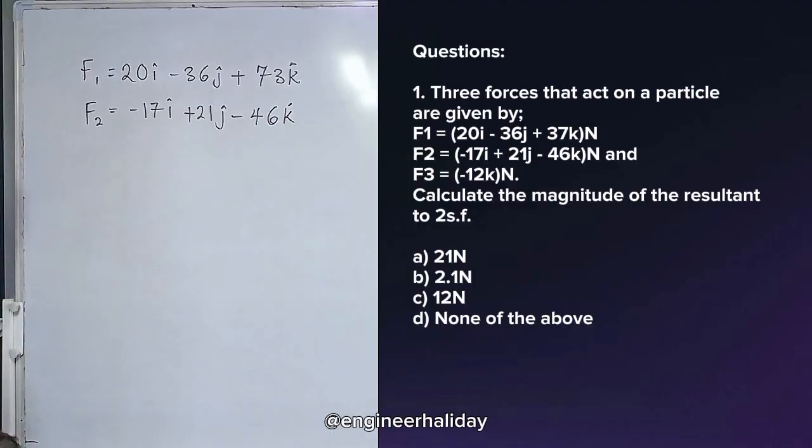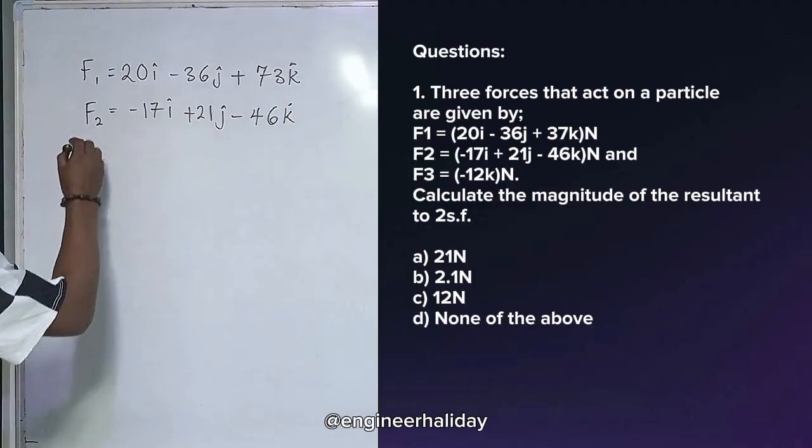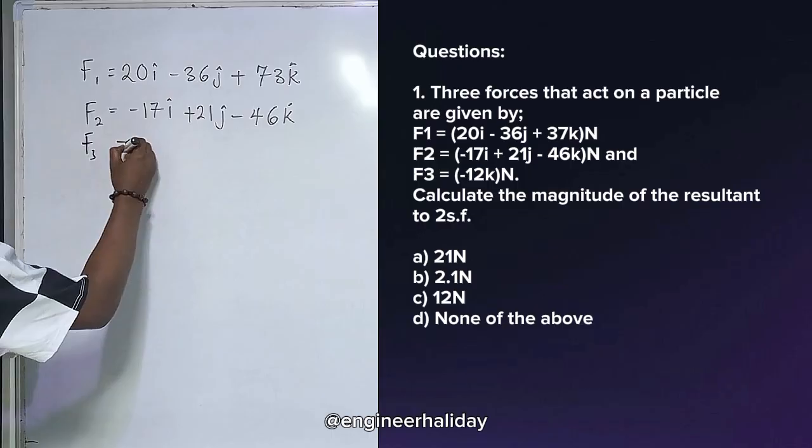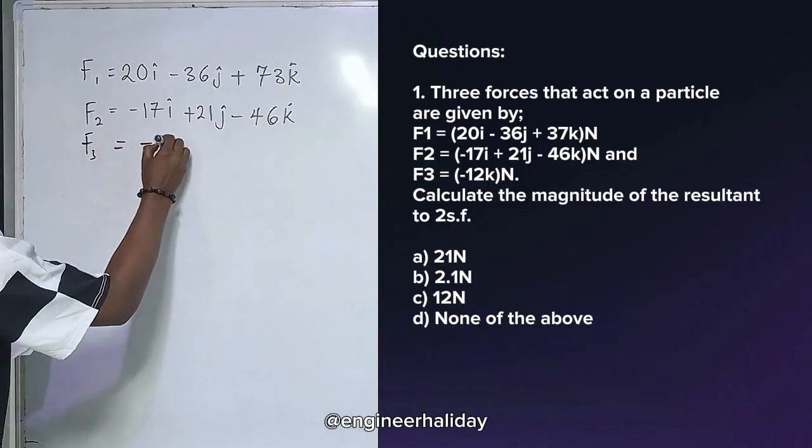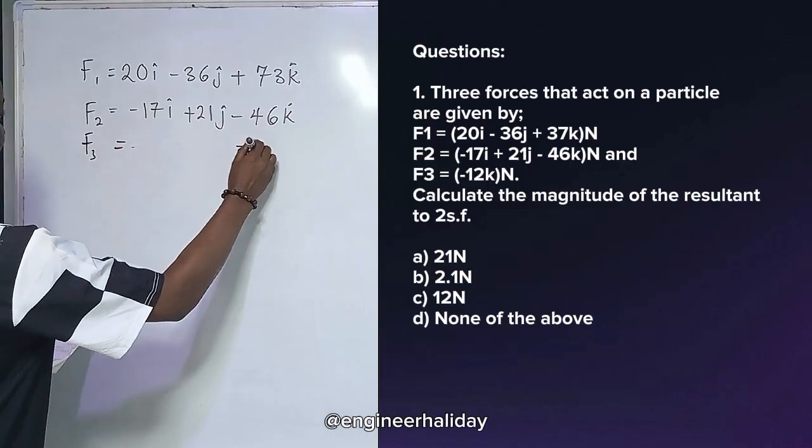Now F3 is equal to what? F3 equals minus 12k. Let me put it under this 12k.